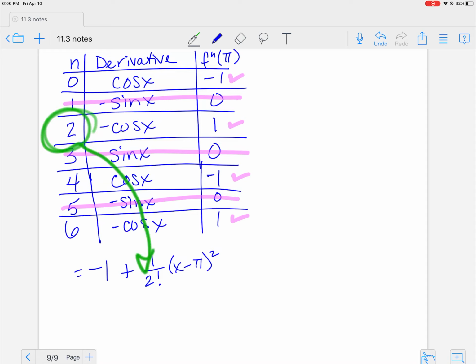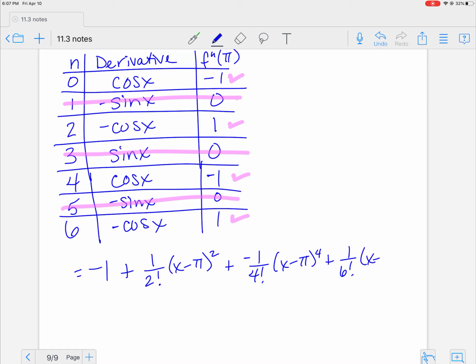Because my n value is 2, I'm going to put an n value of 2 down there. Then plus, I've got a -1 over 4 factorial, x minus pi to the 4th, plus 1 over 6 factorial, x minus pi to the 6th.